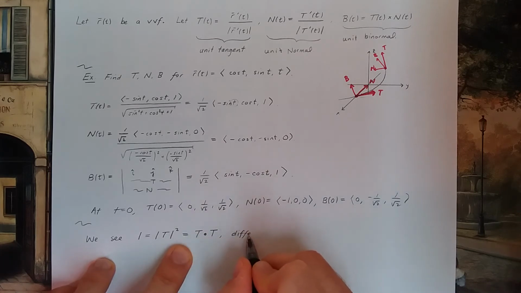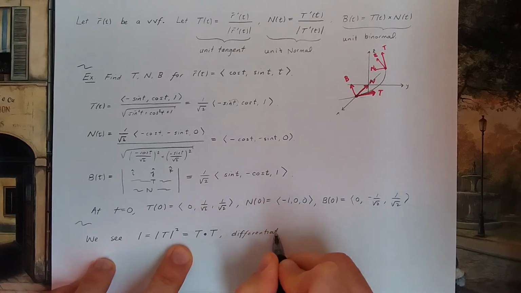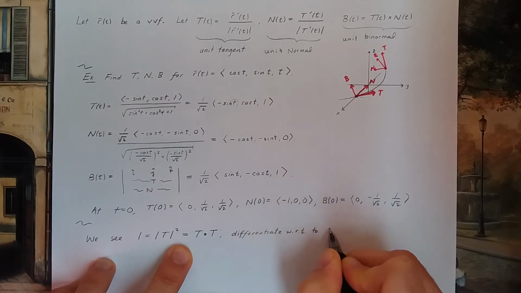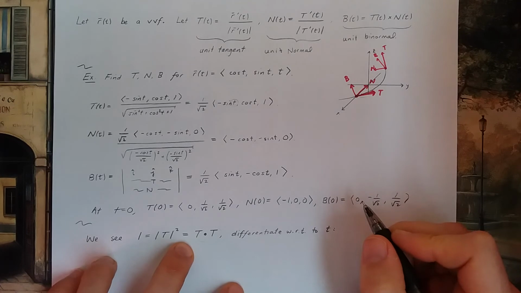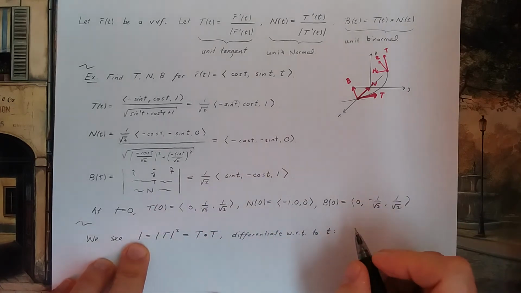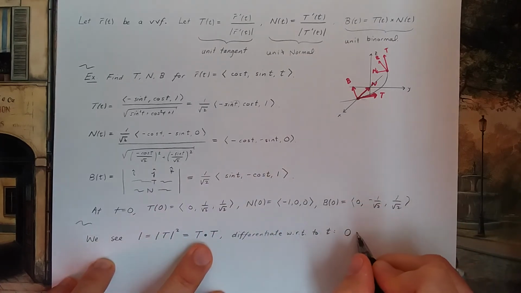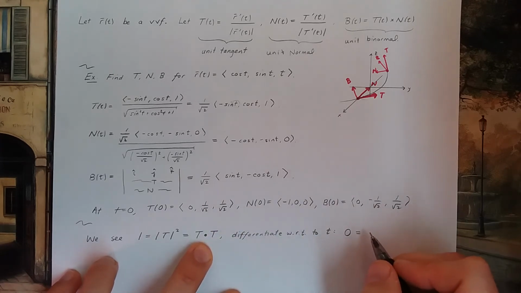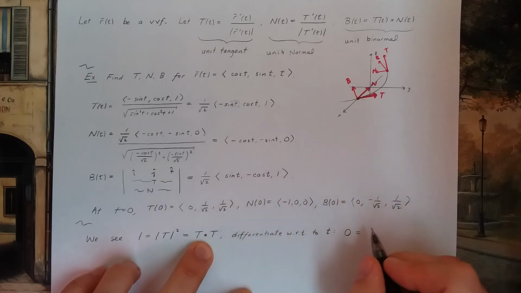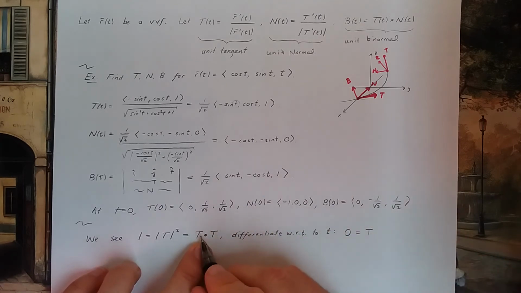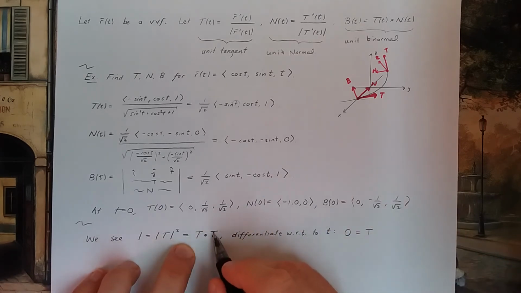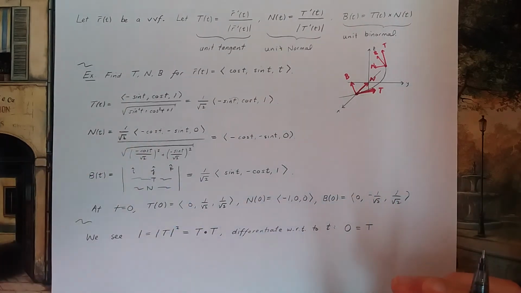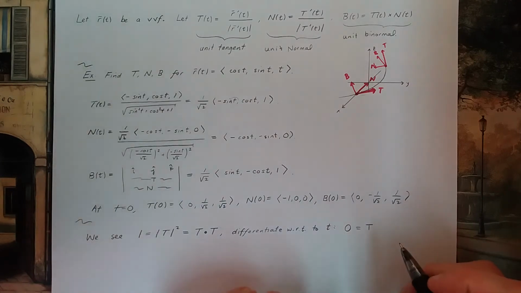So I'm going to differentiate with respect to t. And if you do that, the derivative of this side is 0, where the derivative of the right side you can calculate using the product rule for the dot product. So we saw in our previous video that you could take the derivative of a dot product using the dot product rule, which is the product rule you learned in Calculus 1, just extended to dot products.